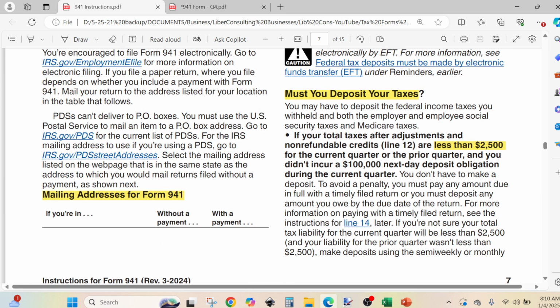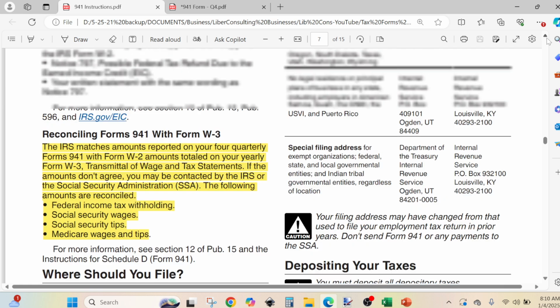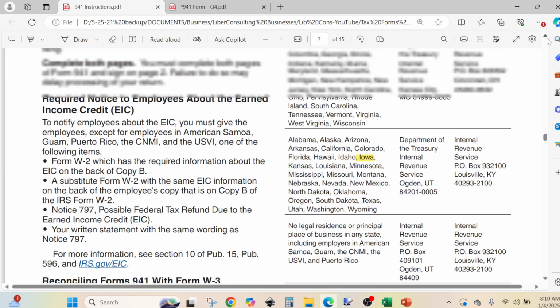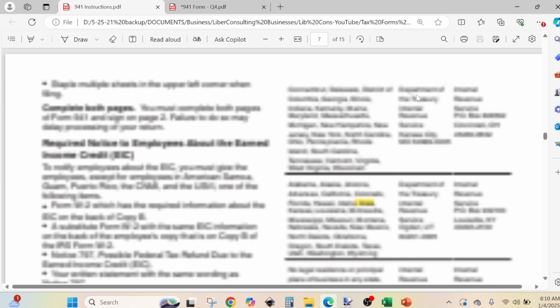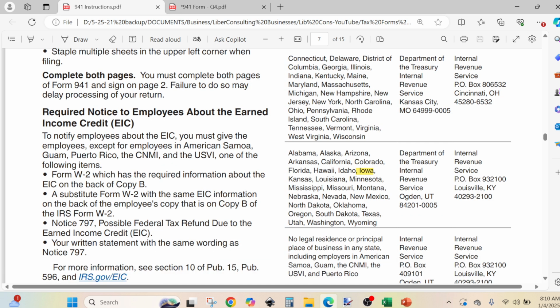Without a payment, the address corresponds to the row where your state is listed. That is the address you'll put on the envelope to mail your Form 941 to the IRS.